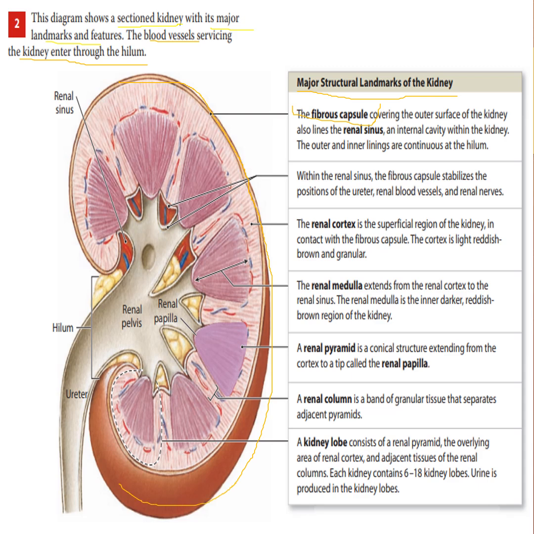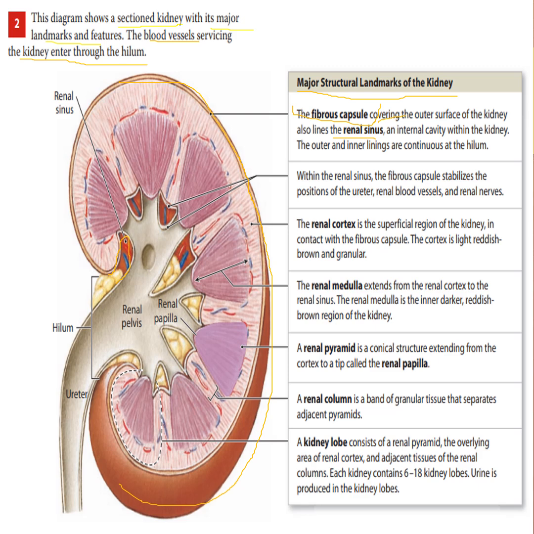It is covering the outer surface of the kidney and also lines the renal sinus. The fibrous capsule covers the kidney from outside, and it also covers the renal sinus, which is the space between the kidney and the internal cavity.